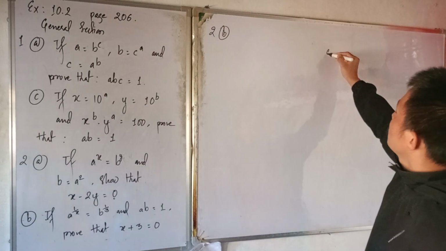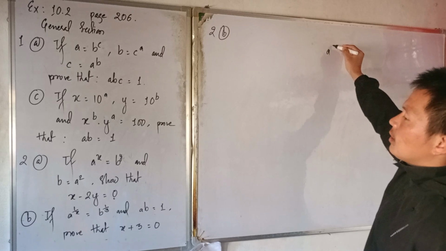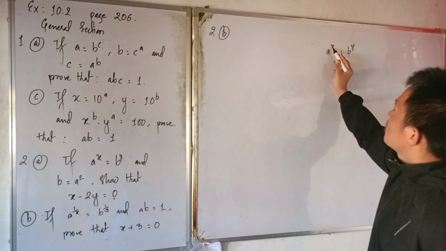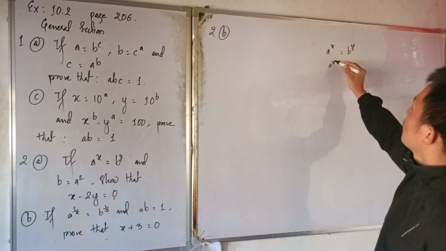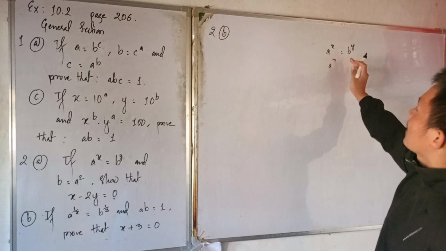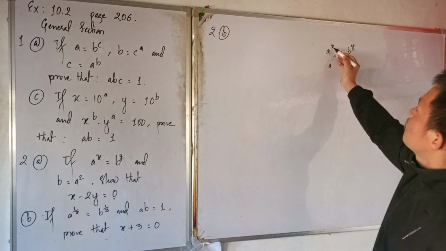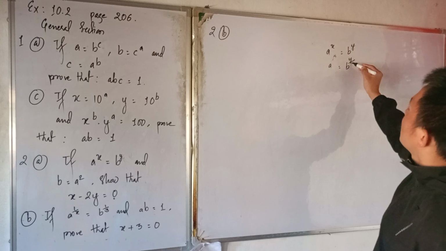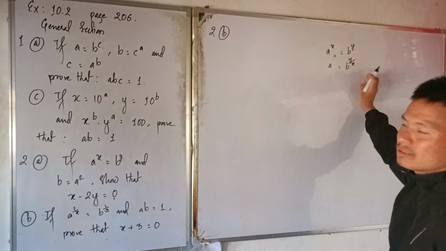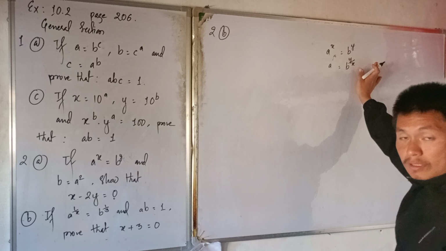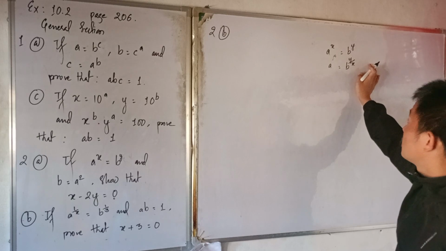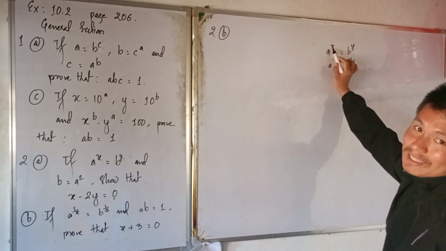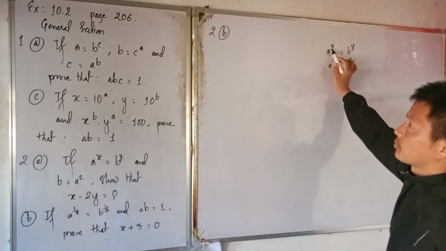For example, if a power x is equal to b power y, and you want to move this power x to the other side, it will go into the denominator of the variable on the other side. So here power x is in the numerator.